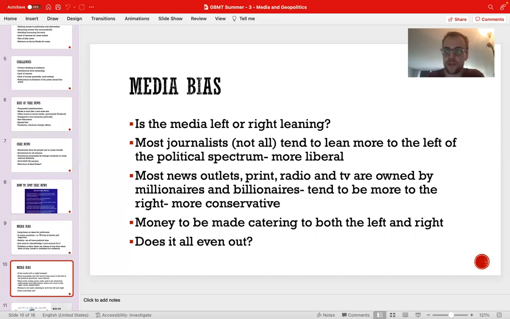So a key question is whether the media, more generally, is left or right-wing leaning. This is a very complex issue because many news sites also contain a range of political opinions. For example, a centrist publication such as The Guardian or Globe and Mail might include a range of articles which vary deeply in their opinion on a particular issue or their framing of it.